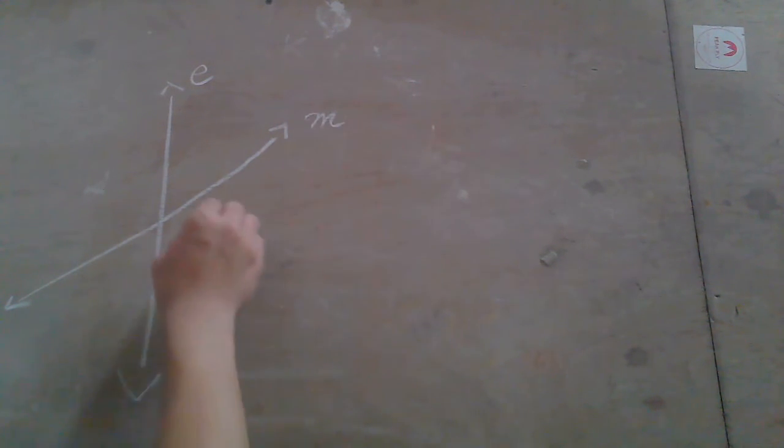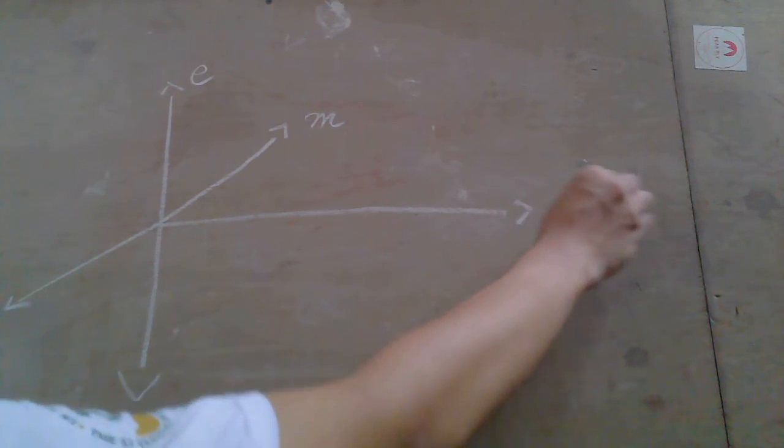So this dimension is for the electric force. E is not Euler's number. And this dimension that's slanted is the 2nd dimension. That is the magnetic force. And this 3rd dimension is time.